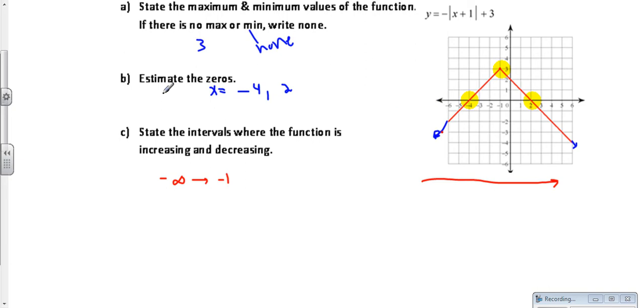So it's increasing as you go this way, but then at -1 it stops right there, and now it starts to go down. So it decreases. Increasing is from -infinity to -1, and decreasing is from -1 to +infinity. And that would describe the increases and decreases for that graph.